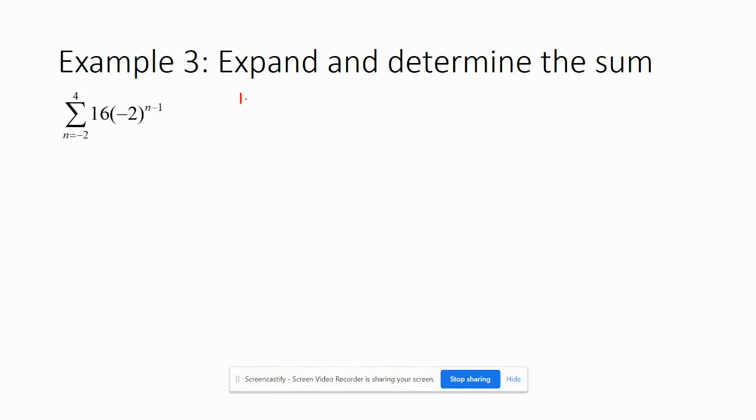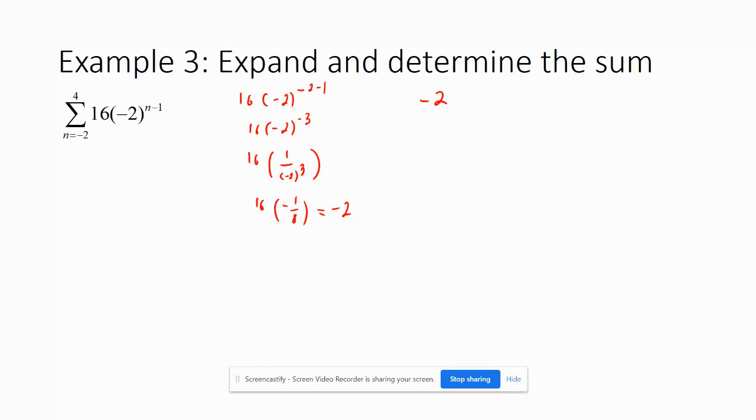My first term would be 16 times negative 2 to the negative 2 minus 1. That's 16 times negative 2 to the negative 3. Remember the way we do negative exponents, this becomes 1 over negative 2 cubed, which is 16 times negative 1 over 8, which is negative 2.